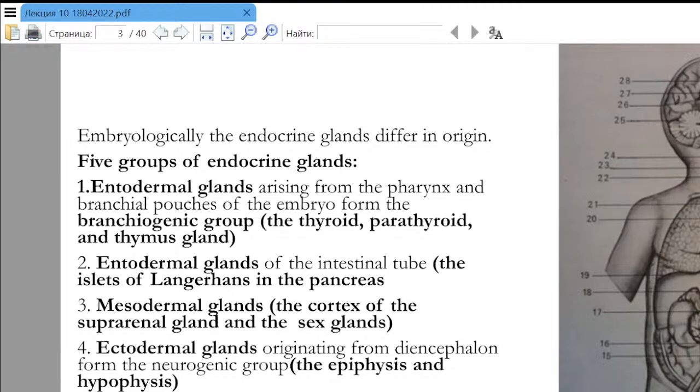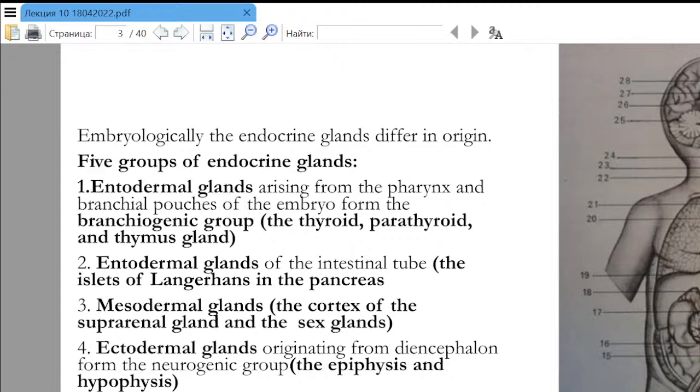Second group, endodermal glands of the intestinal tube: the islets of Langerhans in the pancreas. Next, mesodermal glands: the cortex of the suprarenal and the sex glands.